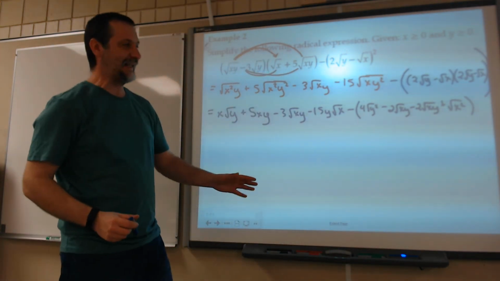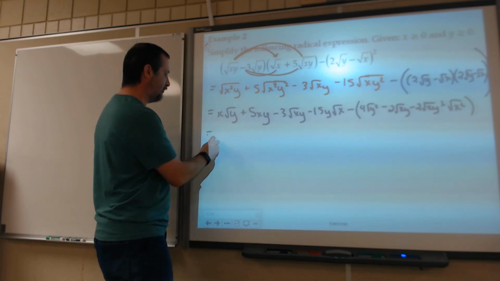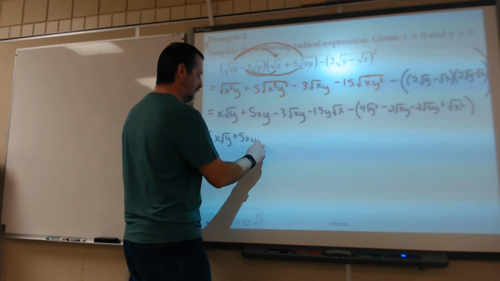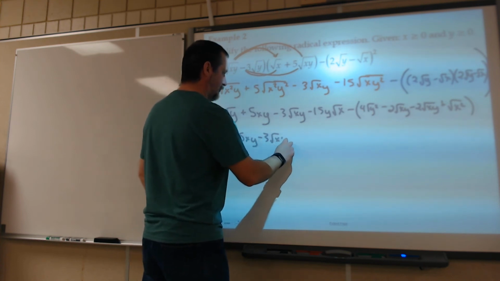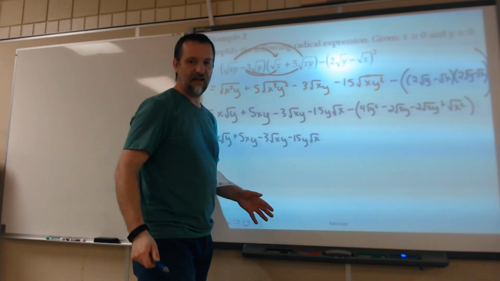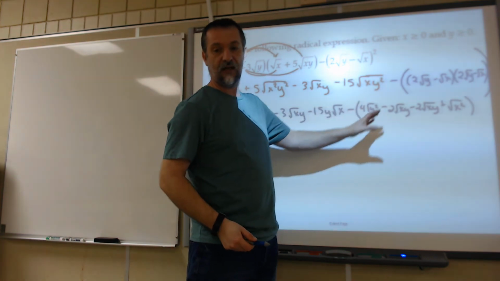Now this is why I like to write this out the long way, when I carry this through, I find this easier. Now I have this in brackets, and I have to remember I have to subtract everything inside of these brackets.